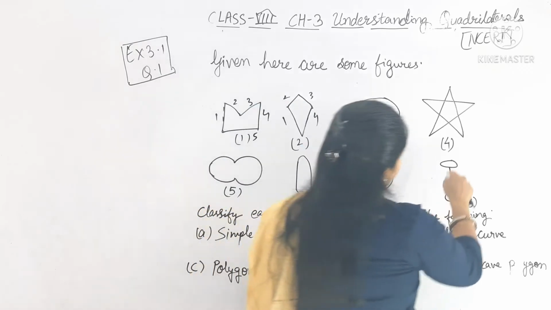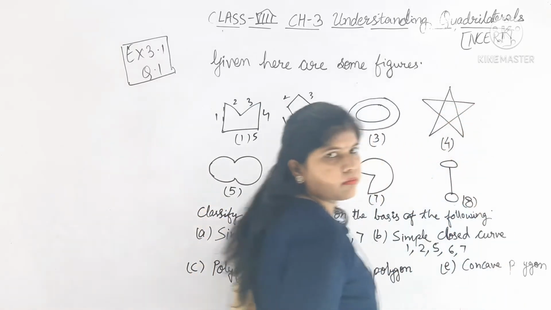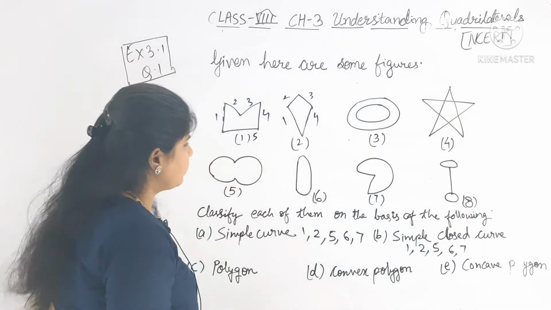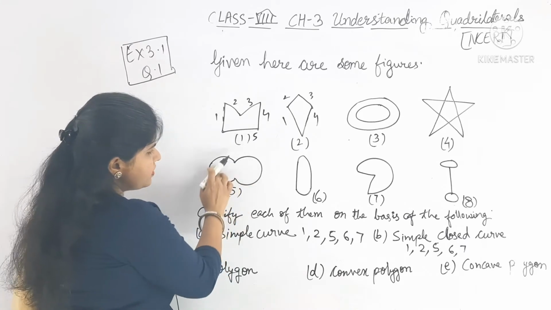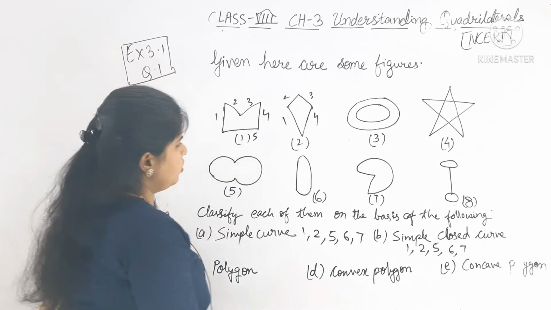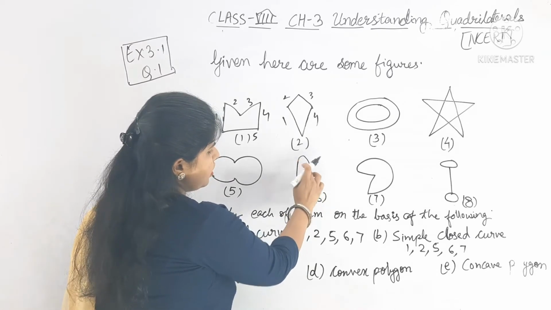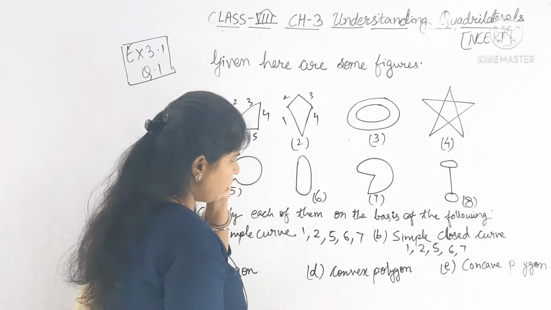Here it is not a polygon because it is cut here. So no cut should be there. Here you can see it is not a line segment, it is a curve. These are 2 line segments but a curve is here, so this is not a polygon.